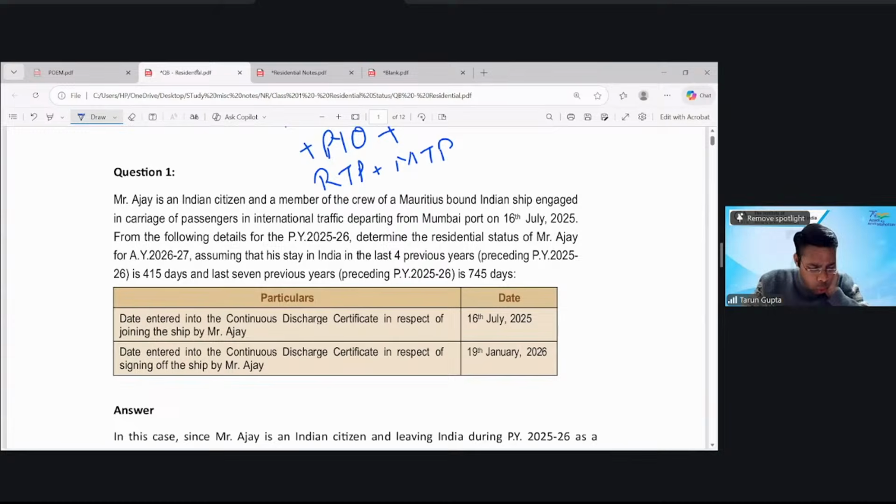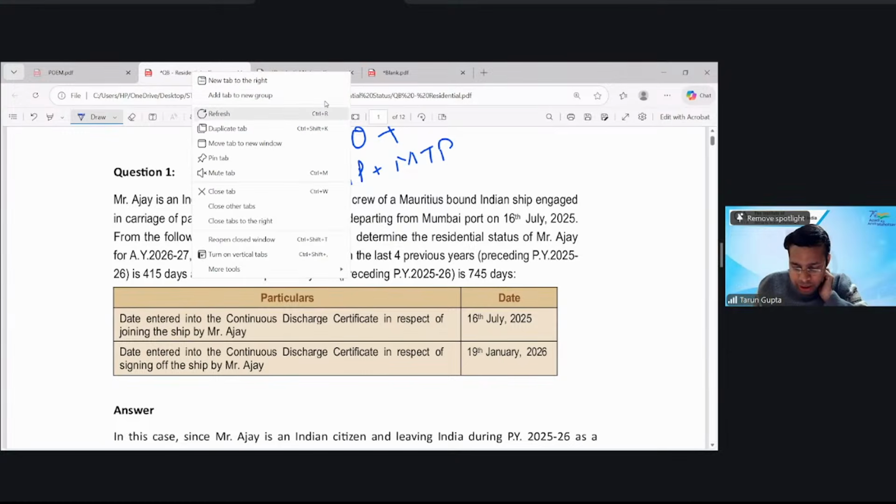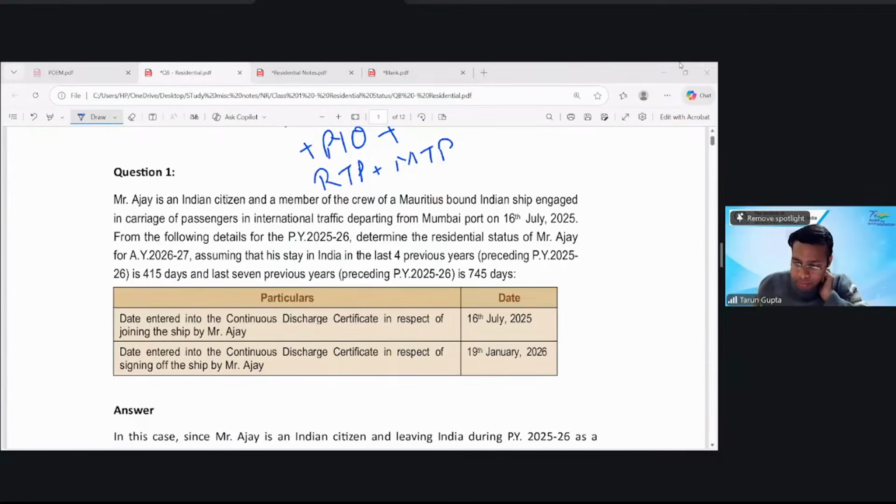So if you see question number 1, Mr. Ajay is an Indian citizen, a member of crew of a Mauritius-based Indian ship engaged in carriage of passengers in international traffic, departing from Mumbai port on 16 July.